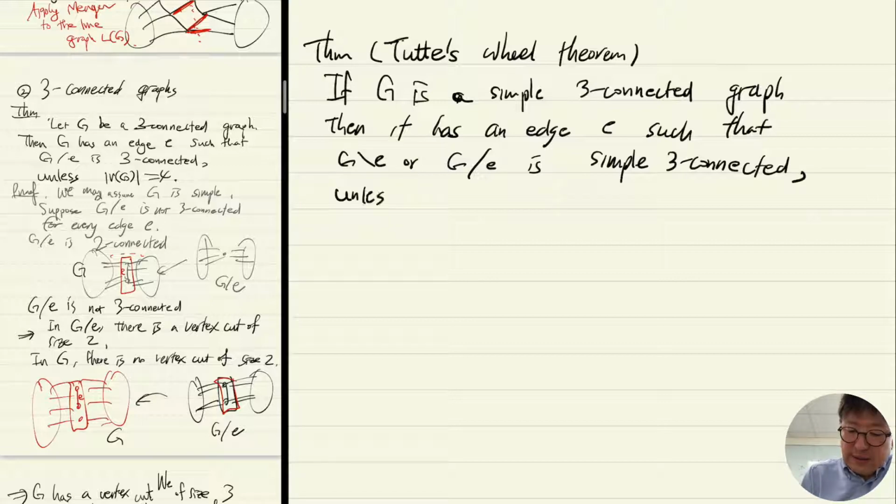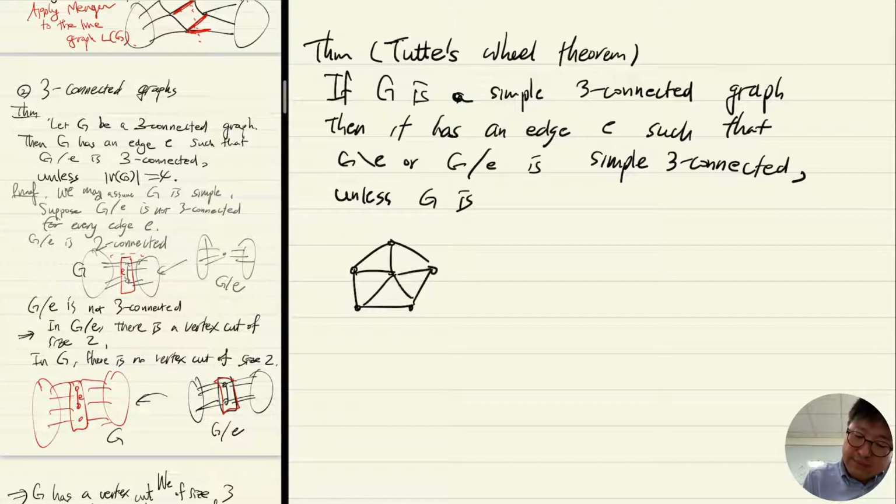Unless... So there are examples where this doesn't work. But what are the examples? So here's one example. This is called the W5.